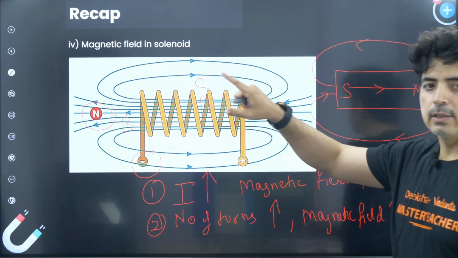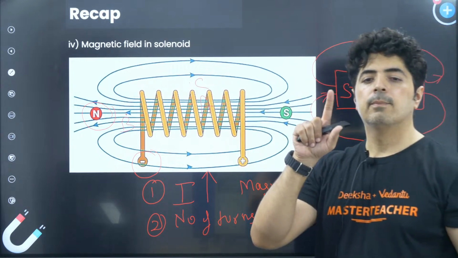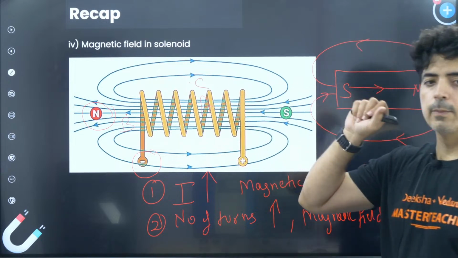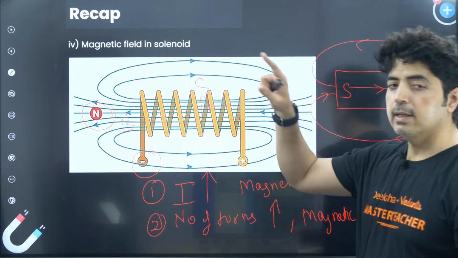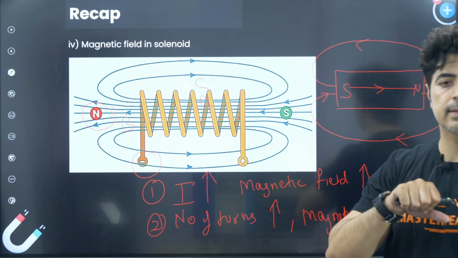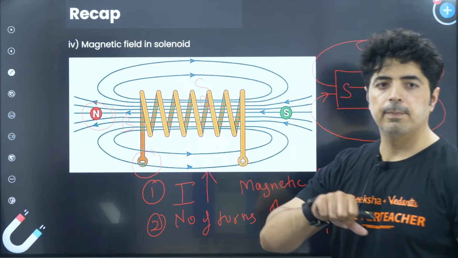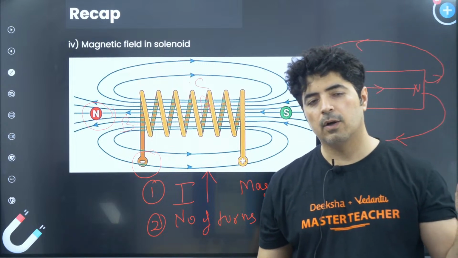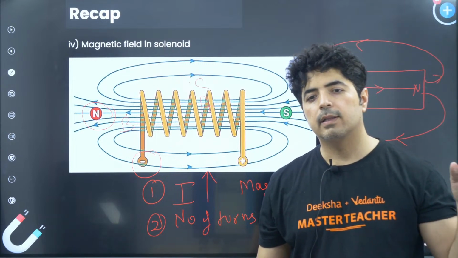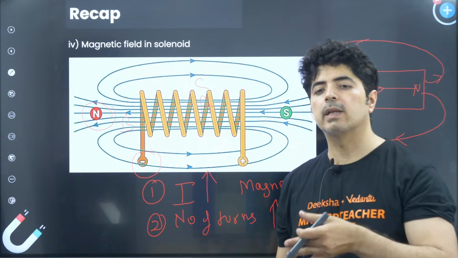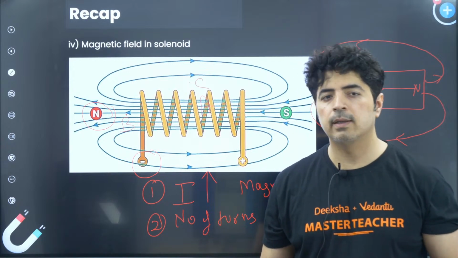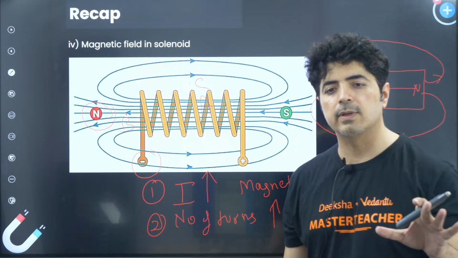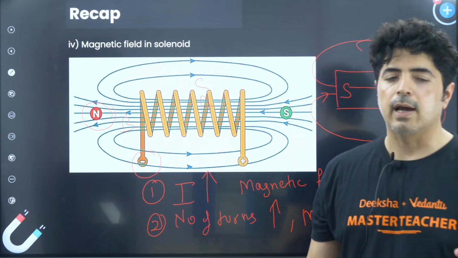Inside the solenoid, the magnetic field is strongest, so A will be strongest. C will be minimum, the weakest. And B is actually half of A. Just at the end of the solenoid, the magnetic field strength is half of what is inside. You just have to remember which one is maximum and which one is minimum from the board point of view, and that's done.